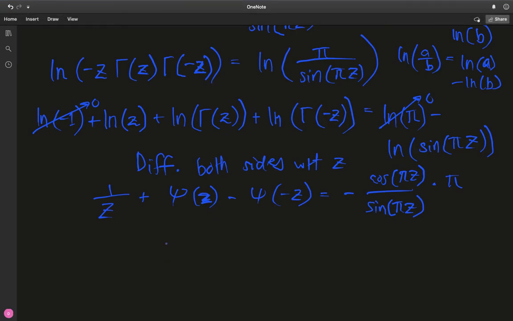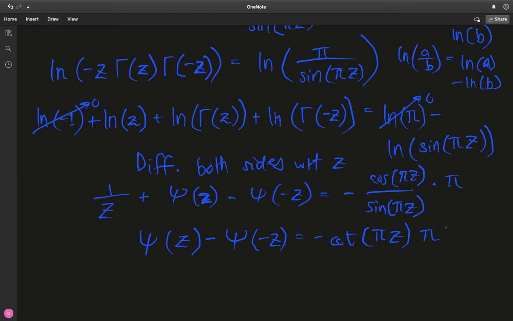So now we can just take the 1 over z on that side, because, if you notice, we have already developed this difference of digammas here. So if we have digamma of z minus the digamma of -z, that's nothing but negative. Now cosine over sine will become cotangent of that angle times pi.